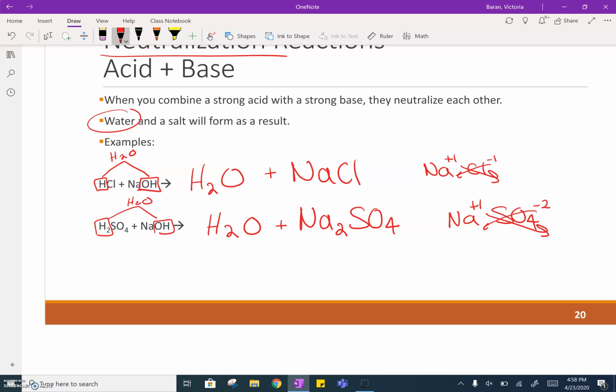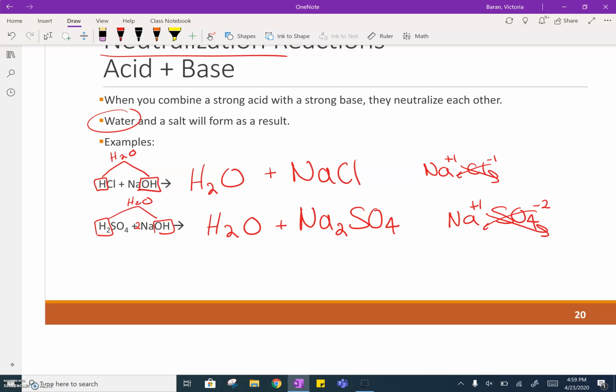And the last thing we have to do is balance this. There's actually a typo. There should be a 2 here in the front, okay? Now, the last thing we have to do is make sure that this is balanced. So we have 2 Na on either side. We have 1 SO4 on either side.